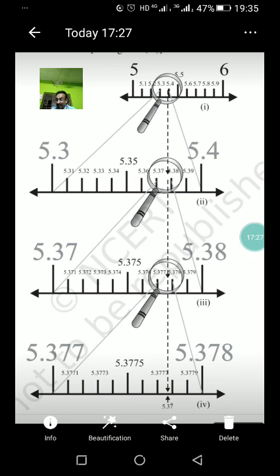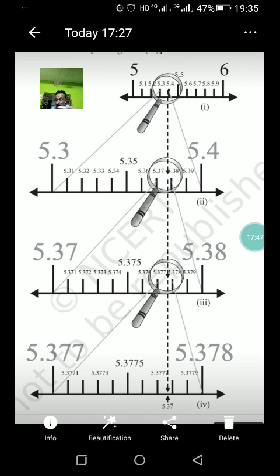To get a more accurate visualization of the representation, we divide this portion of the number line into 10 equal parts and use a magnifying glass to visualize that 5.377 lies between 5.37 and 5.38.